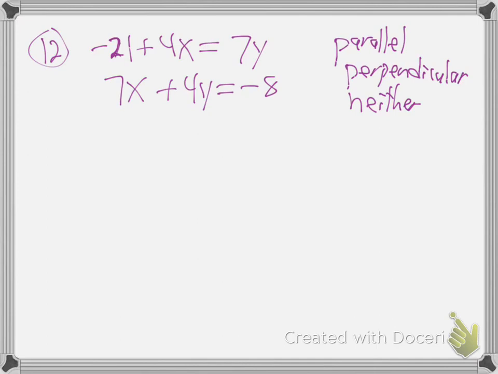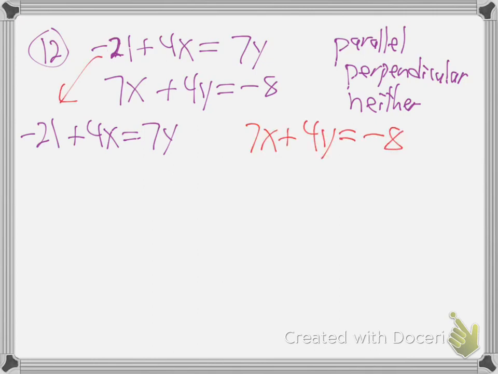So I would separate those and put them side by side. I would take minus 21, minus 21 plus 4x is 7y there. And then the other one, put it over here, 7x plus 4y is negative 8. So put this one here and that one there, and then get y alone in both cases. One is plus and one is negative.